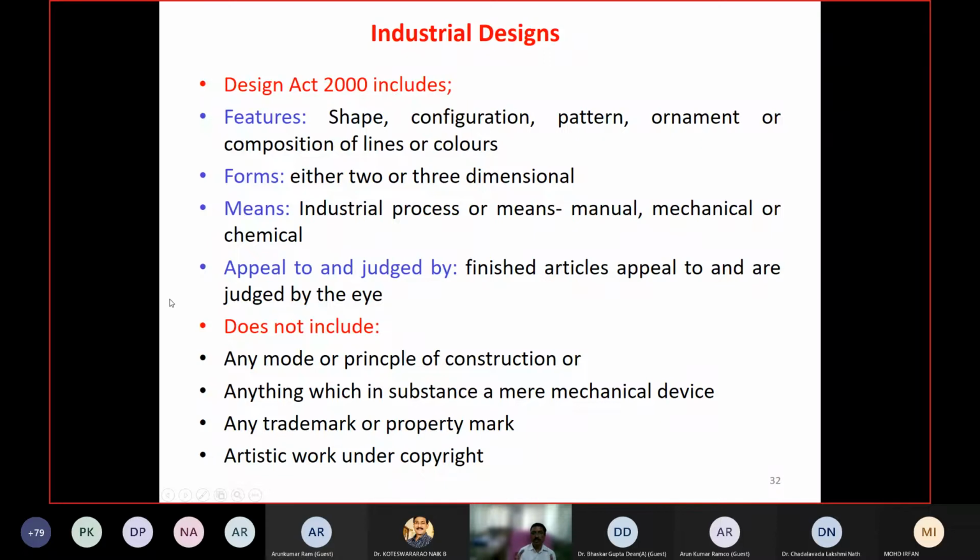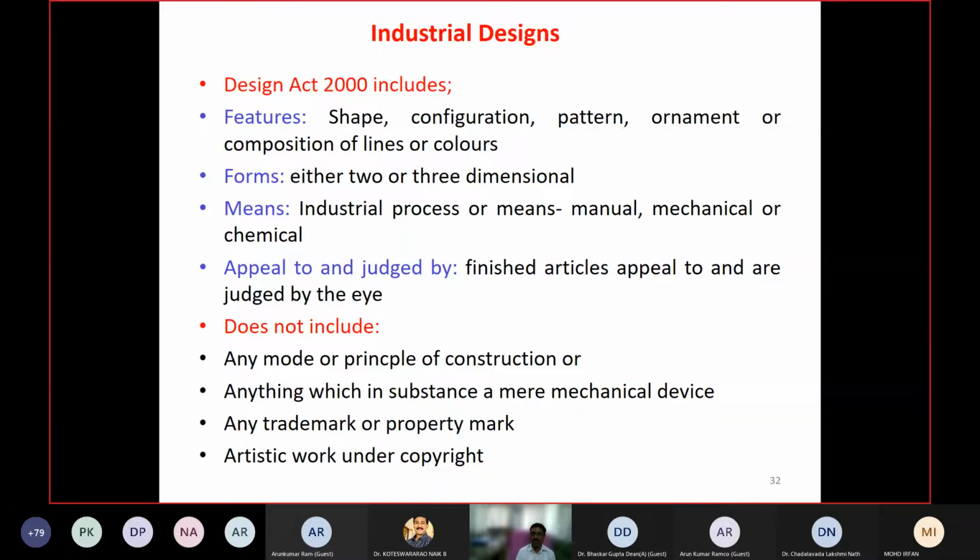Basically, the finished article on which the industrial design is applied appeals to the eye and is also judged by the eye. That part is also protected. What is not protected under industrial design, as per the section of the Designs Act, is any mode or principle of construction.